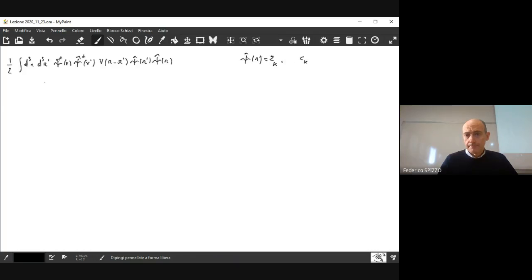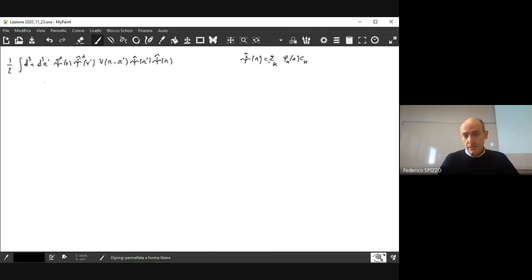So here I need the expression of the wave function corresponding to level k and evaluated at the position r.